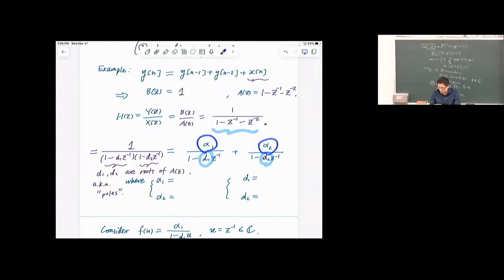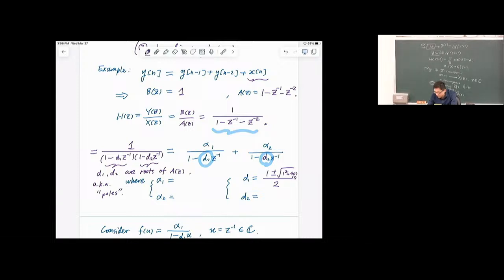But first of all, d1 and d2 come from solving a quadratic equation. I'm pretty sure most of you know the formula from high school: d1 and d2 equal minus b plus or minus the square root of b squared minus 4ac, all over 2a.